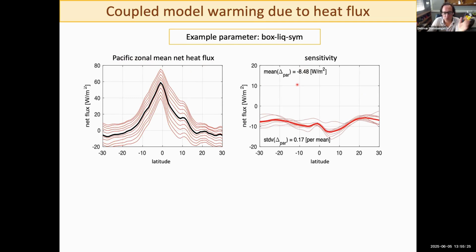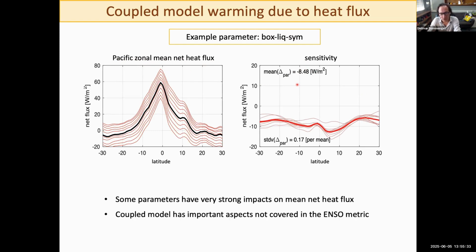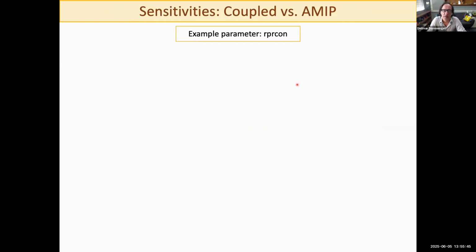So clearly, this is not what you want to do. Some of these parameters have strong impacts on things that are not controlled by the ENSO matrix. So, which comes as no surprise, there are aspects that you need to consider when you go into the coupled model that are beyond the ENSO matrix. And that is obviously what makes coupled modeling much, much more complicated.